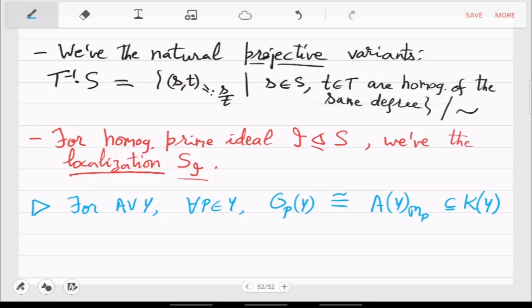H should not be a germ vanishing at the point P, because then G by H will be undefined. With that care you have identified what O_P,Y is. This is the localization of A(Y) at the prime M_P. Is that clear?